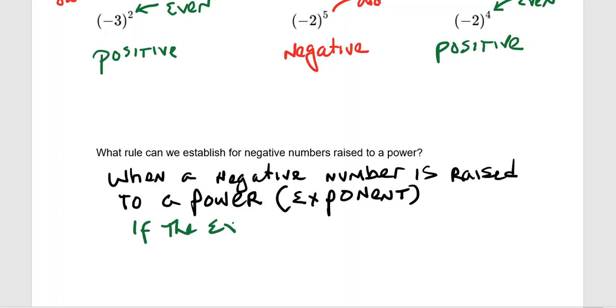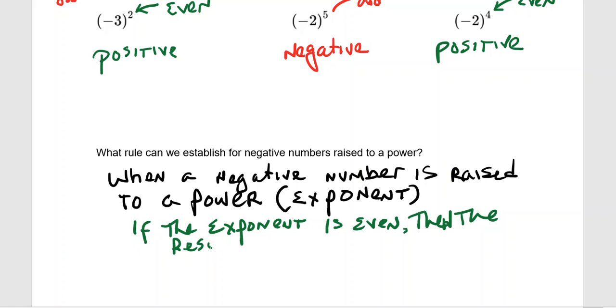If the exponent is even, like a 2 or a 4, then the result is positive. So we just simply look at the exponent. When we have a negative base, a negative number being raised to a power, we look at the exponent. If it's even, it will be repeatedly multiplied an even number of times, and the result will be positive.